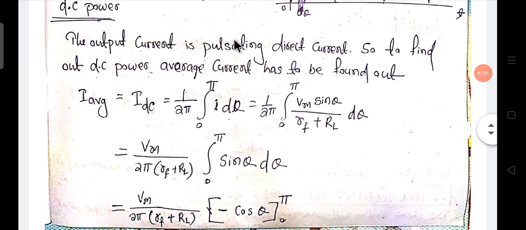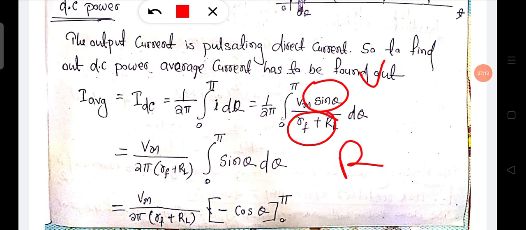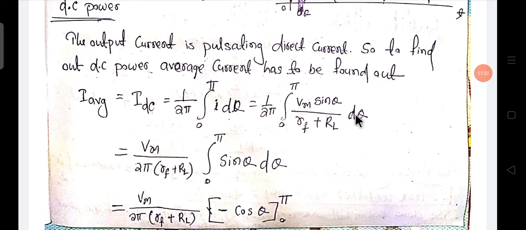So here i is converted to Vm sin theta by Rf plus RL. That means this is V and this is R, so we can put i equal to V by R here, then d theta is there.